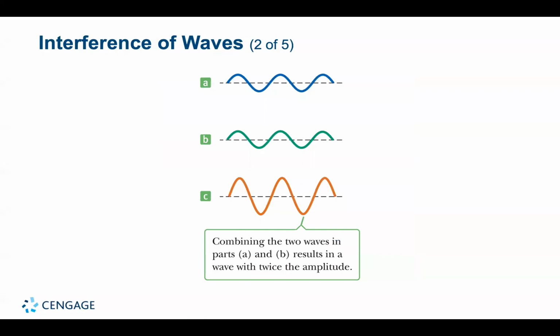So in this figure, we're looking at constructive interference. If two waves have the same frequency and amplitude and are in phase, as in A and B, the resultant wave when they are combined, C, has the same frequency as the individual waves, but twice their amplitude. So the two top figures show two waves of the same amplitude and frequency. And so we can imagine that at some instant of time, these two waves are traveling through the same region of space.